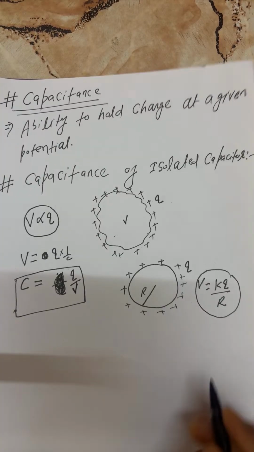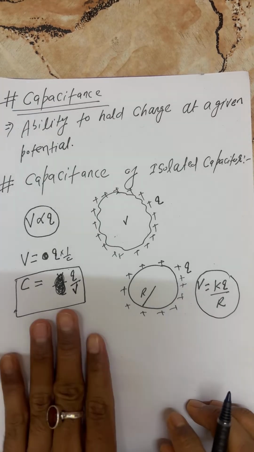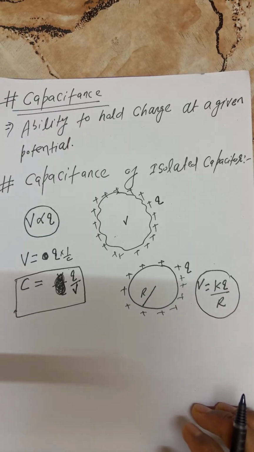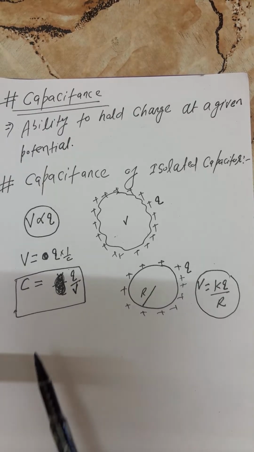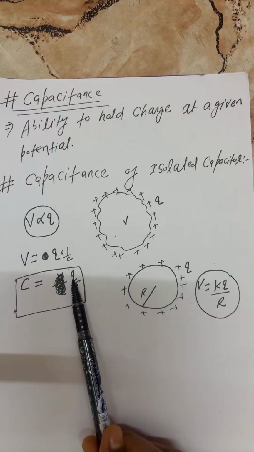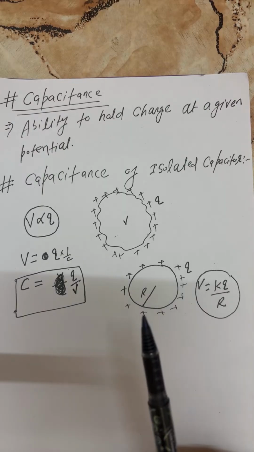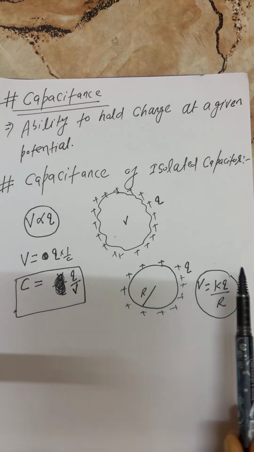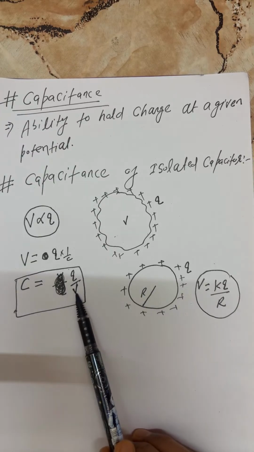So now students, I'll use this sphere to prove that C never depends on charge and C never depends on potential. It's a definition, the ability to hold a charge at a given potential. True, no doubt. But C never depends on charge as well as potential.